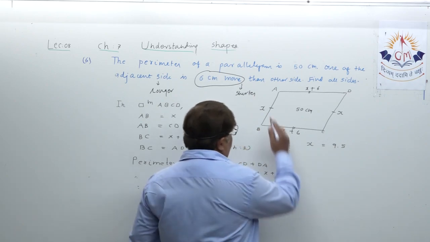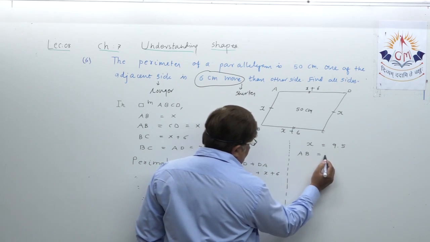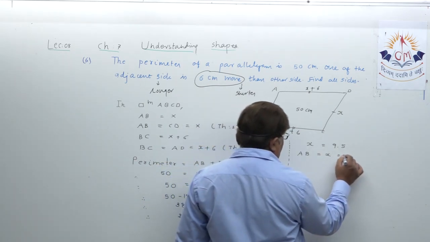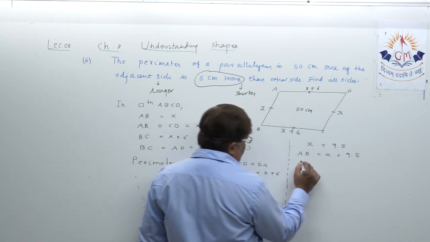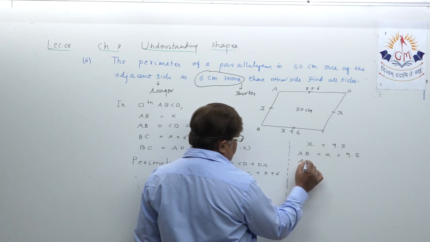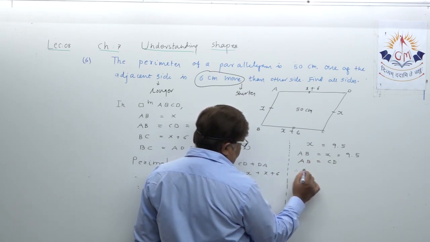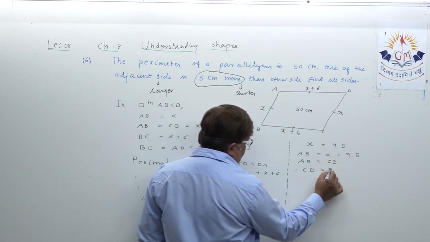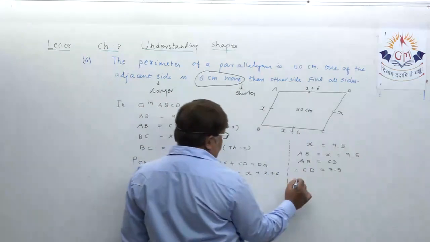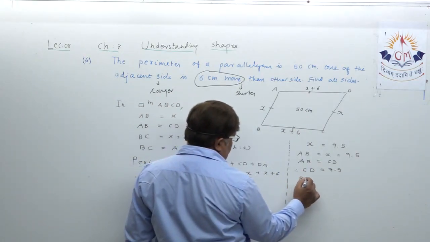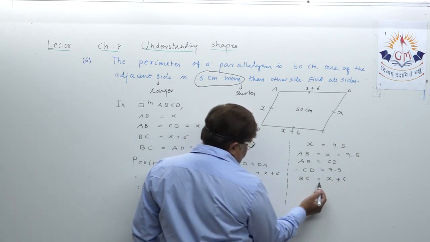Let us substitute in all. x equal to 9.5, or let us mention the opposite side, AB equal to CD. So CD is also 9.5. Now BC equal to x plus 6.